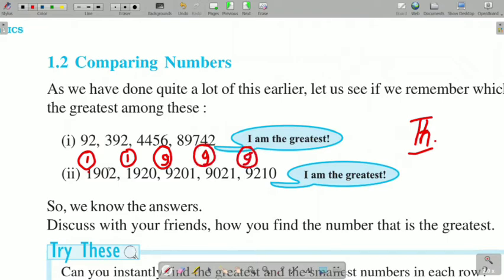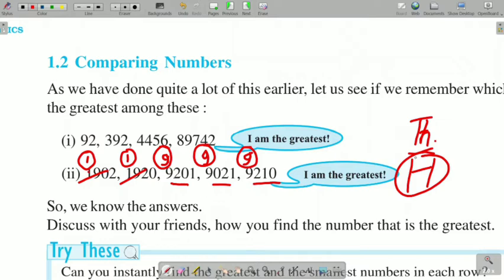So we can clearly see that these two numbers cannot be the greatest number. Now between these 3 numbers we have to check first, second and third. We have to check another place, because when we checked the thousands place we found that all the numbers have the same digit, 9.